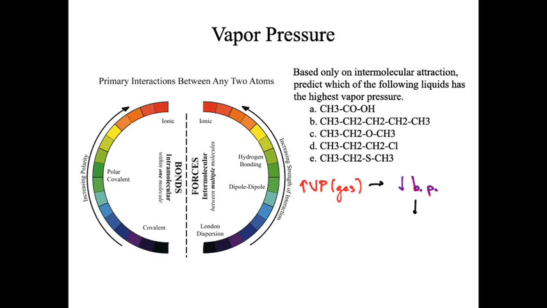I know where you're going with that, but that's too far out. Okay? Our phases are dictated based off of forces. So a low boiling point means a weak force. Our weakest force would be a London dispersion force. Okay?